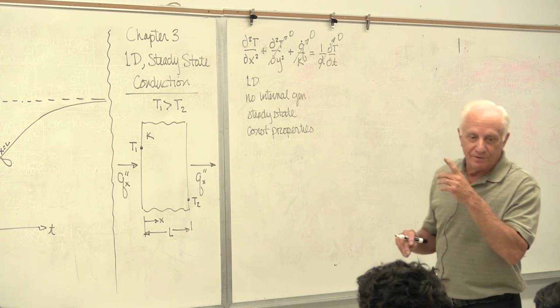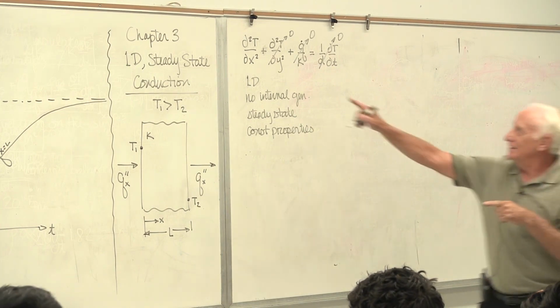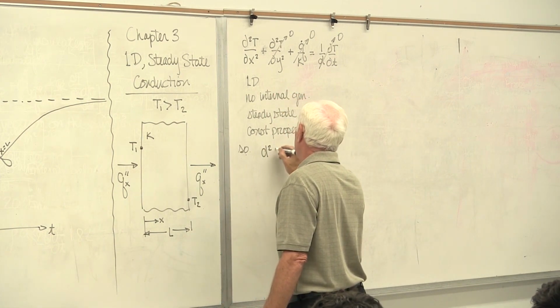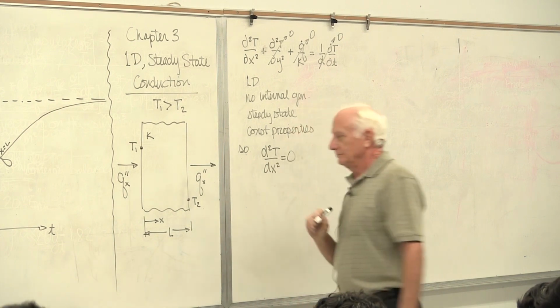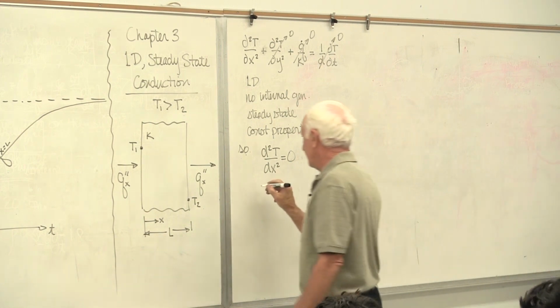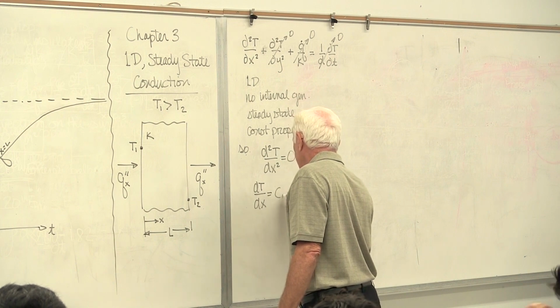What am I left with? The partial becomes ordinary. Temperature is only a function of x. So d squared T dx squared equals 0. Solve that guy. dT dx then must be a constant. Call it C1.